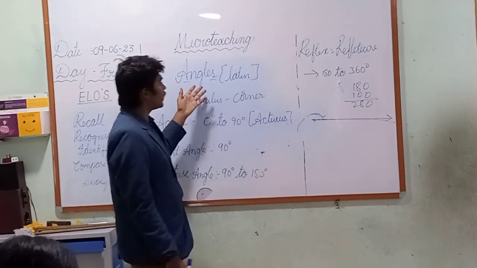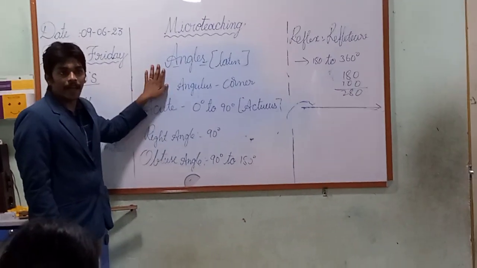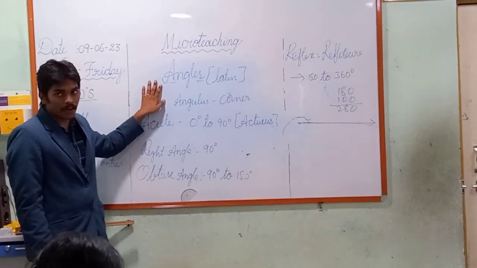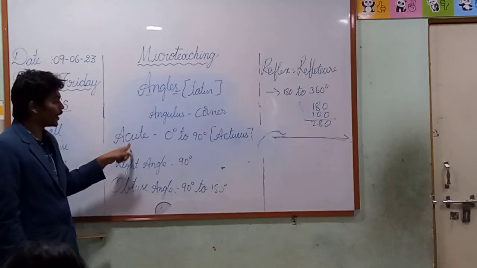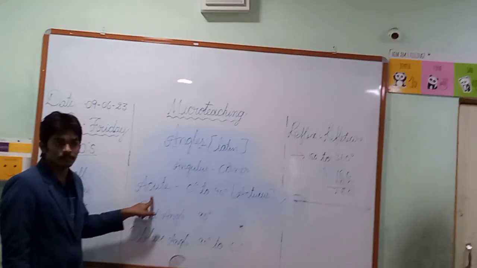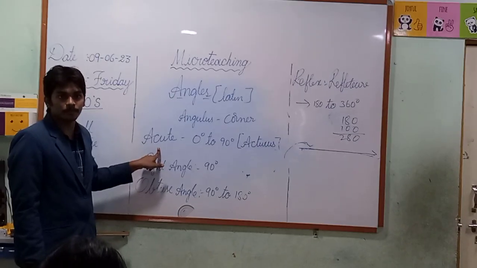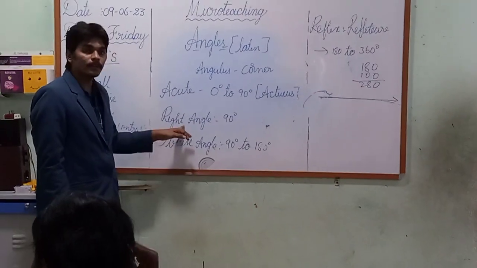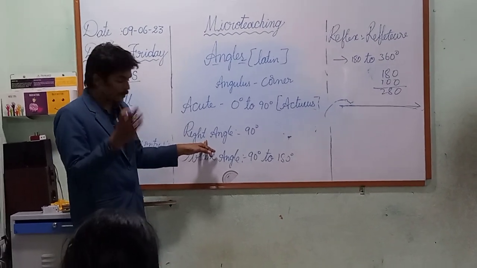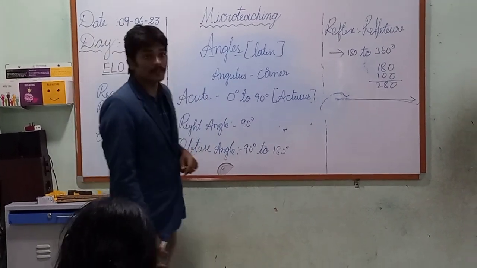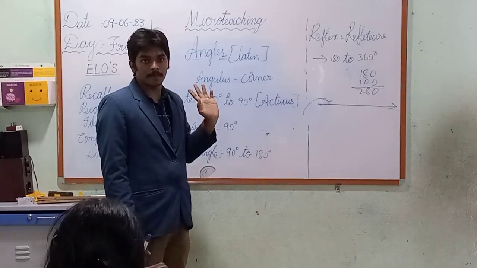What is the meaning of the word angle? Corner. What is the meaning of acute? Sharp. And right? Straight, that means standing straight. And reflex bends towards its back.